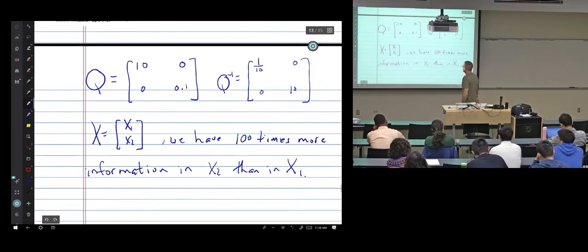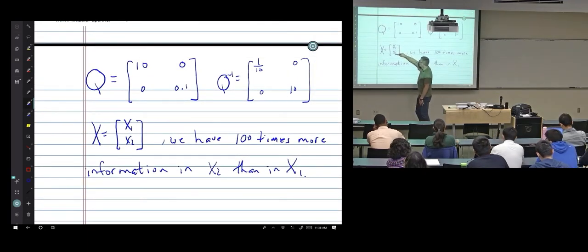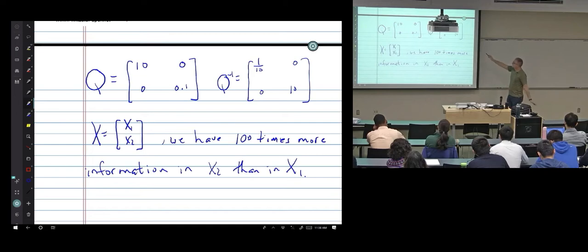So if X1 and X2 are random variables, and this is the random vector, when Q is diagonal, it's really clear if these are measurements, which one is more valuable and which one I should trust more.